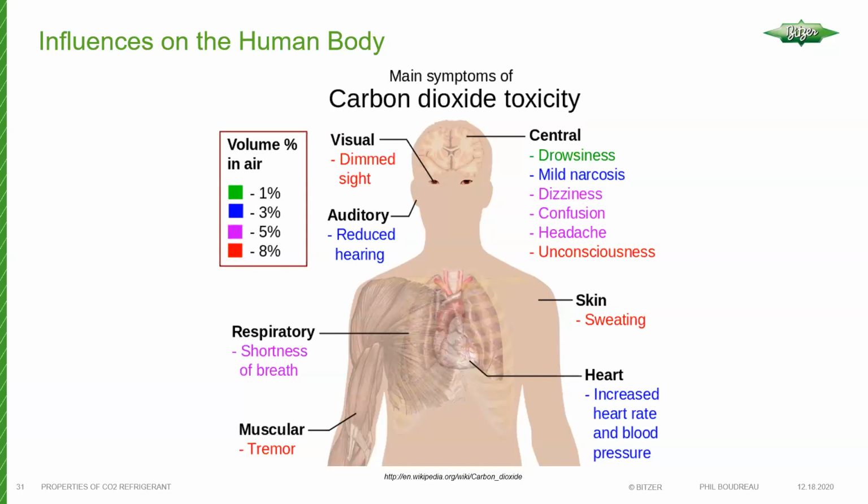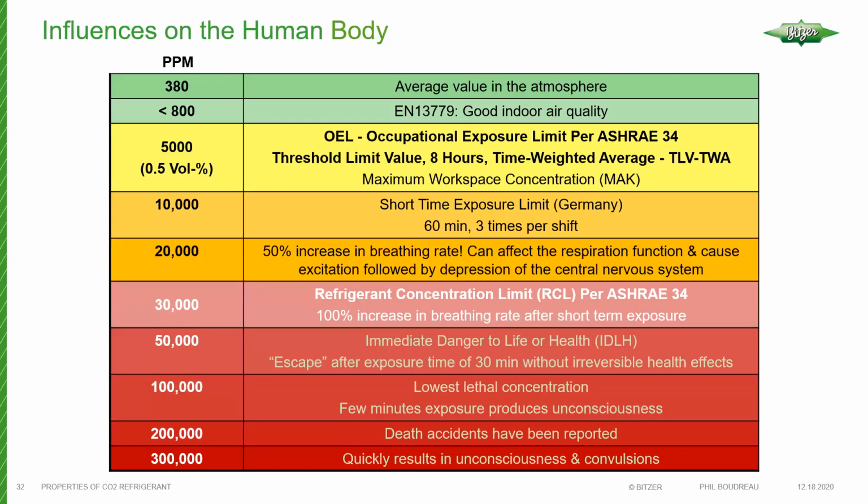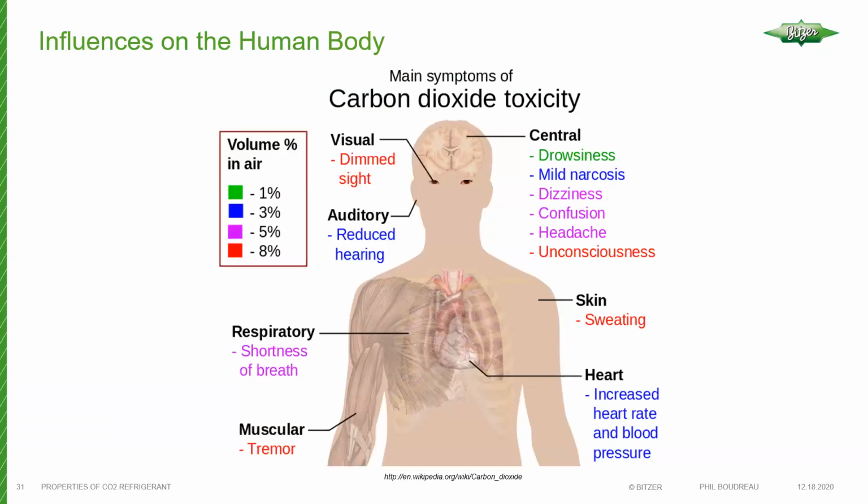Just looking at the various concentrations, I got this from Wikipedia, so you can have a look at that. At the 1% level, drowsiness; at 3%, mild narcosis, reduced hearing, increased heart rate and blood pressure. At the 5% level would be shortness of breath, headaches, dizziness, confusion.